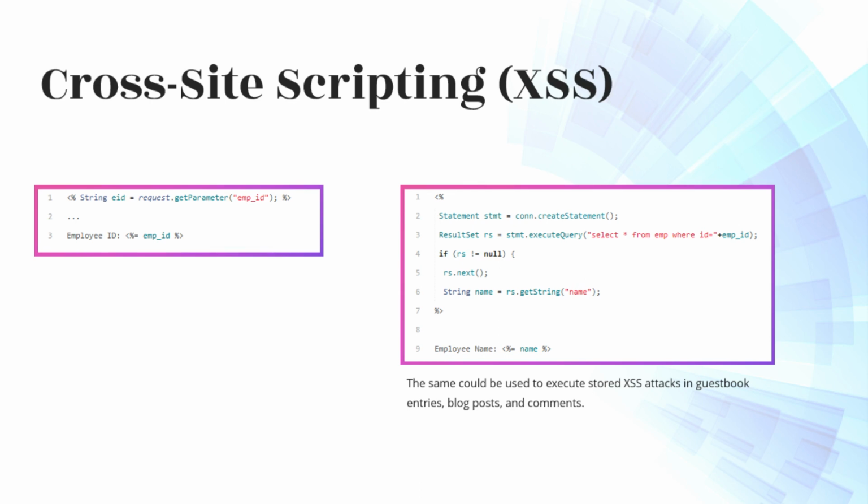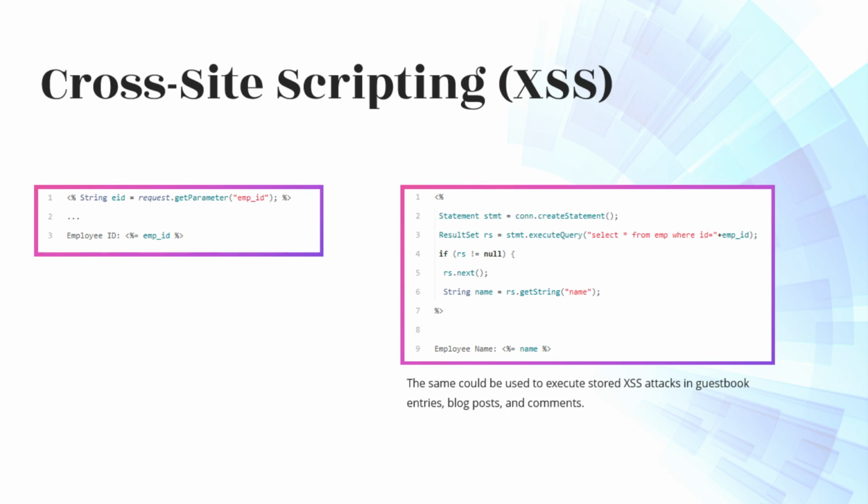Now, on the right-hand side, you will see the code that actually retrieves data from the database, and based on that data retrieved, it will be displayed on the web page. The data here can also be contaminated by a certain script, and this is where the page will actually deliver that script. This is an example of a stored cross-site scripting attack.